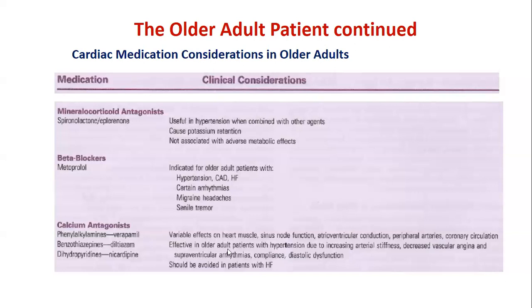They are effective in older adults, patients with hypertension due to increased arterial stiffness, decreased vascular compliance, angina, supraventricular arrhythmia, or diastolic dysfunction, and should be avoided in patients with heart failure.